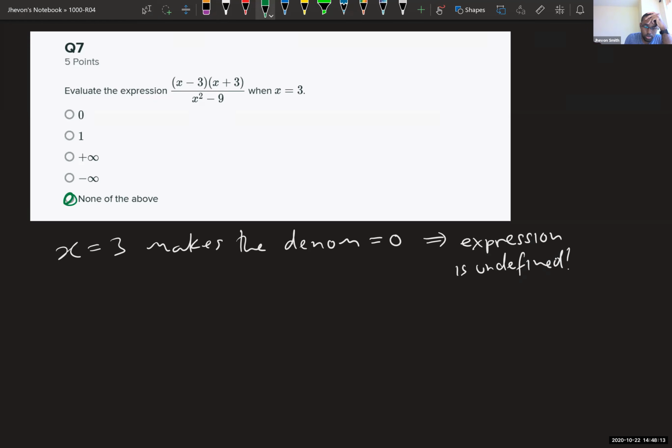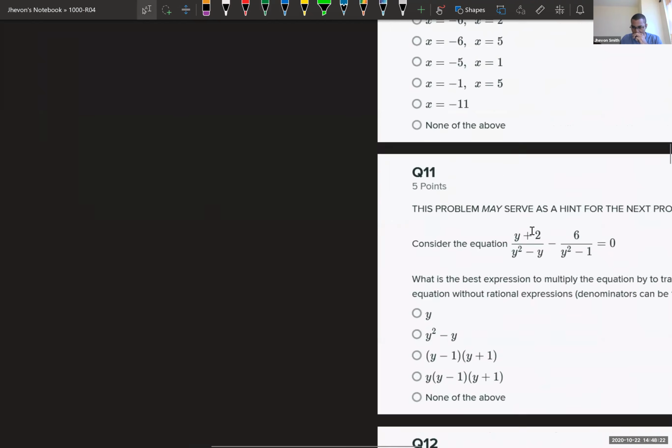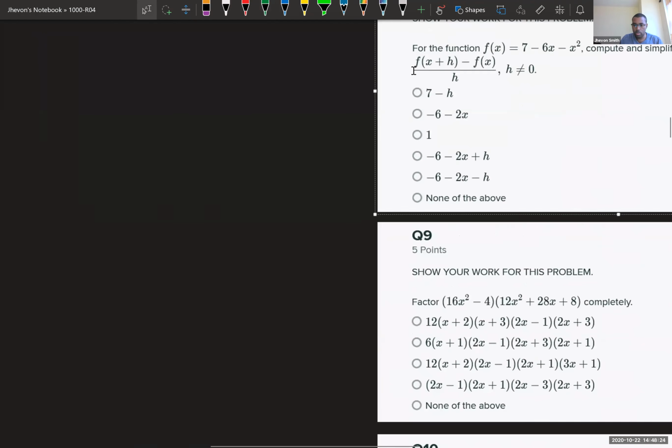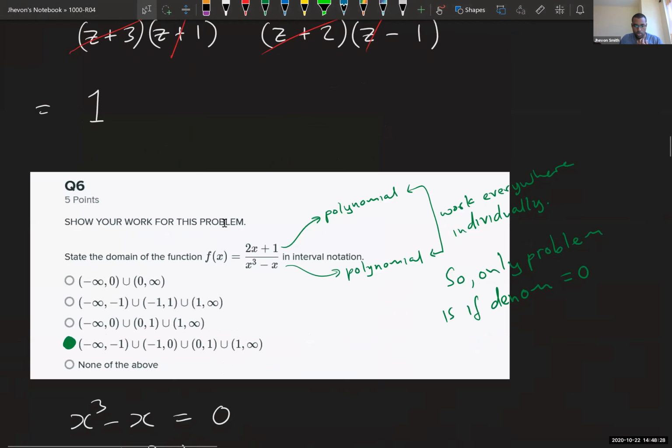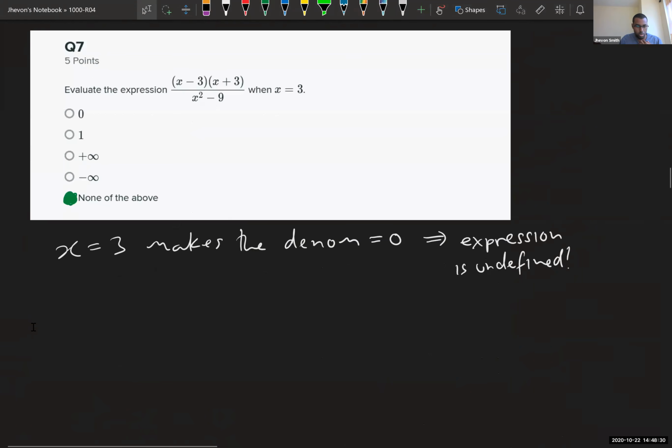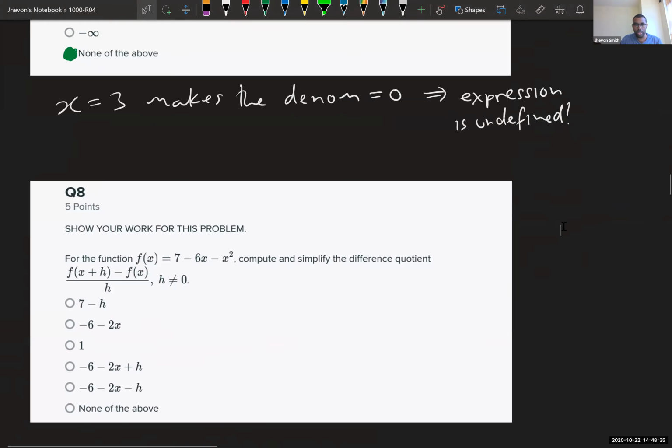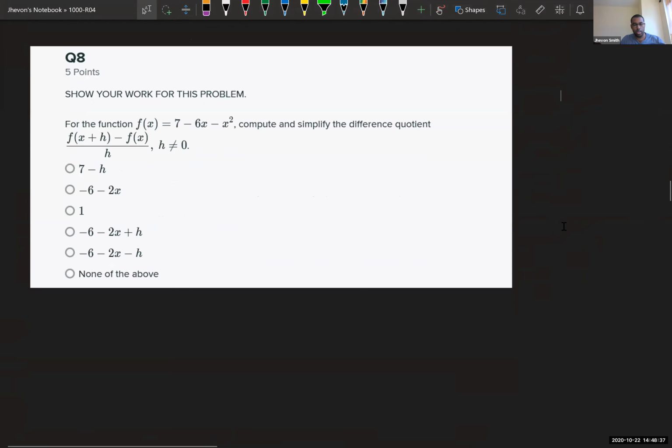So none of the above. Divided by 0 never makes sense. It's not infinity. It's not something else. It's none of the above. So that one was more of a concept question than anything. It didn't require a lot of calculations.